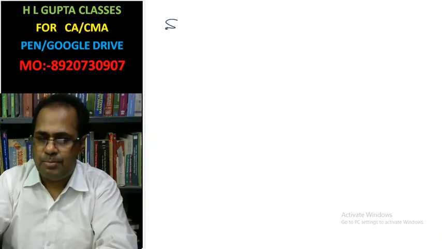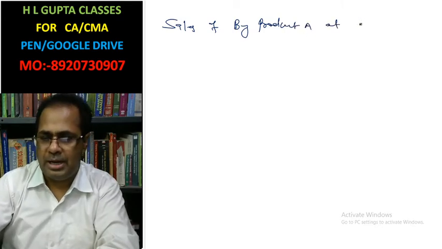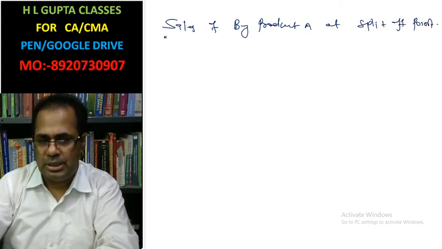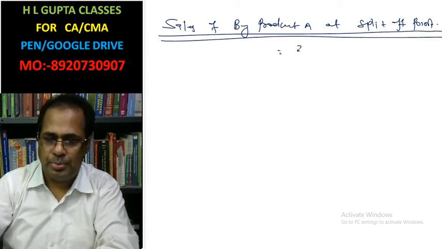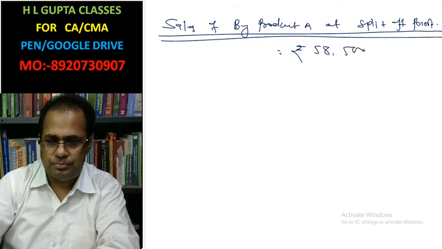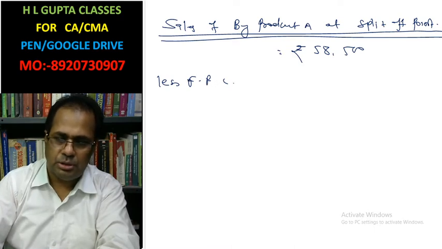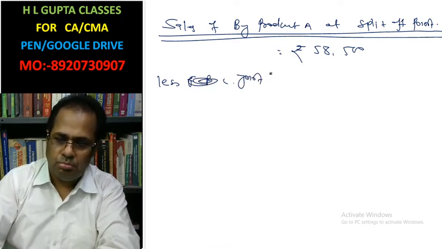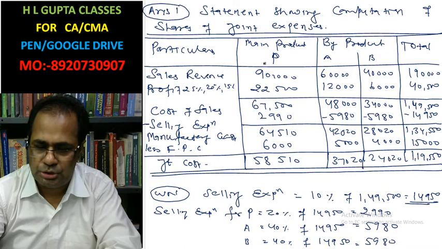Sale of byproduct A at the split-off point: sell byproduct A at the split-off point for rupees 58,500, less joint cost. What is the joint cost for A? 37,020.